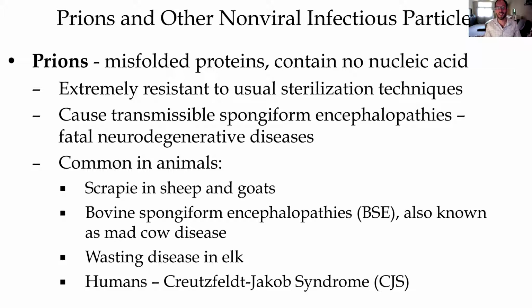And so what these prions do is they infect tissue, and their misfolded protein shape influences the structure of other proteins. And then you get these aggregates of misfolded protein that have no function and are just taking up space.